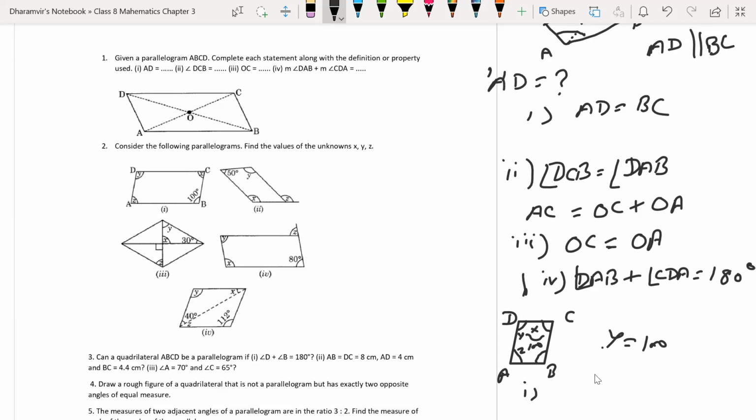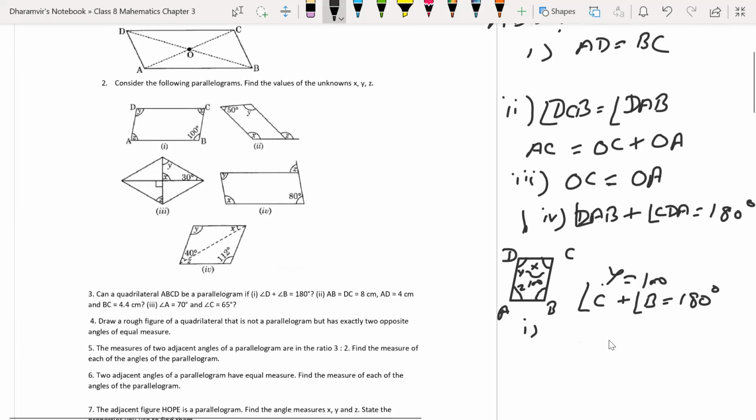It means angle C and angle B are the supplementary angles, 180 degree.